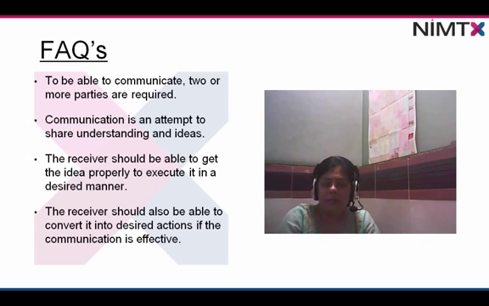I'll tell you a very good example. As kids, you must have played whisper in the ears. This is a game, and a very good example I may give you for communication in our personal lives.